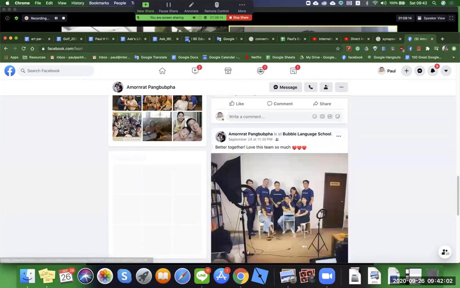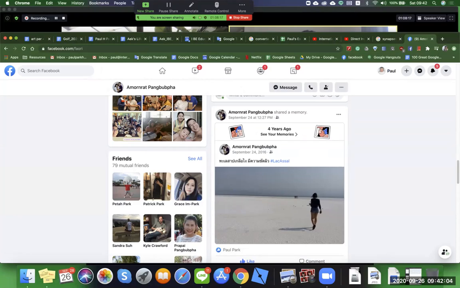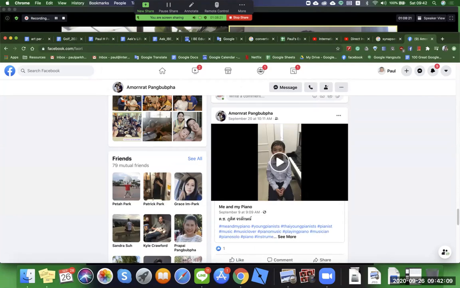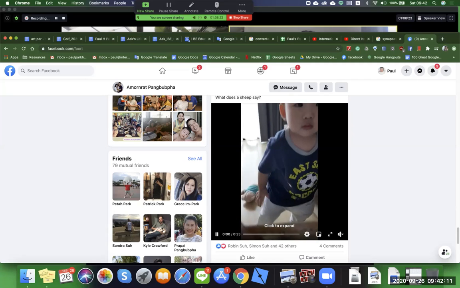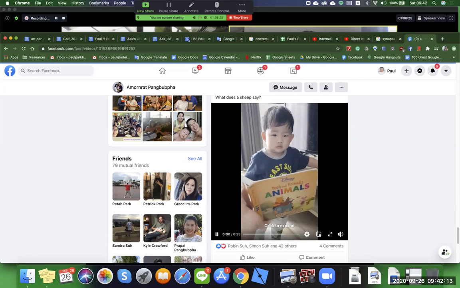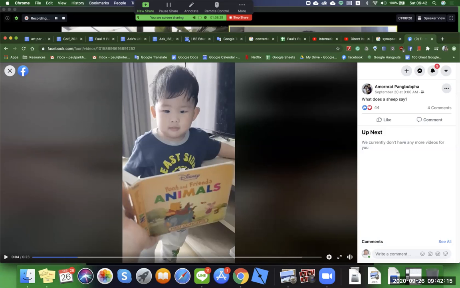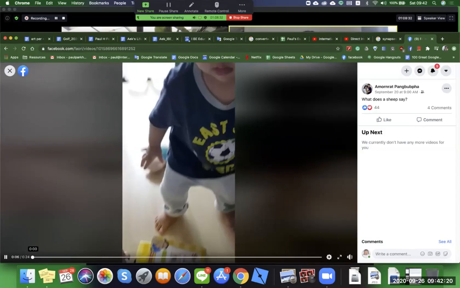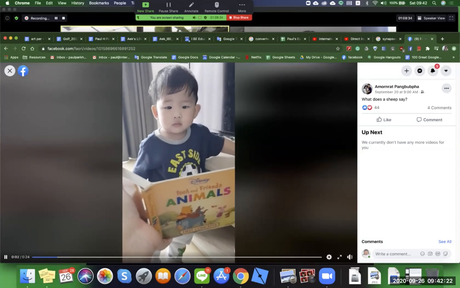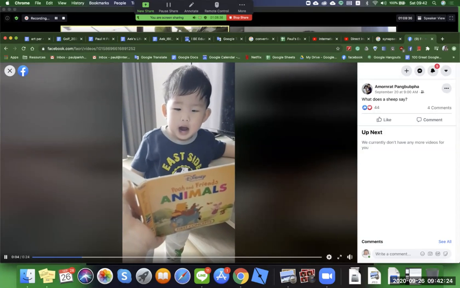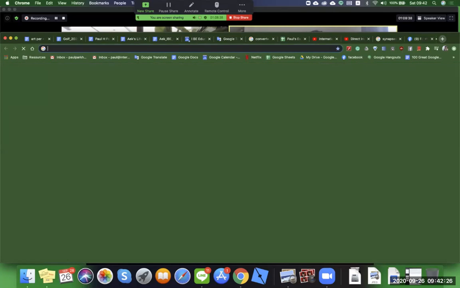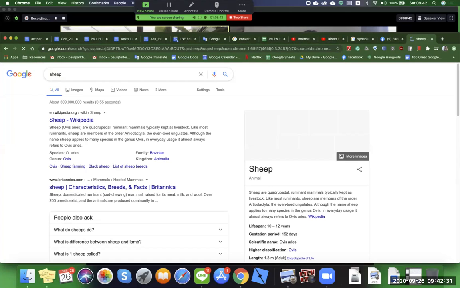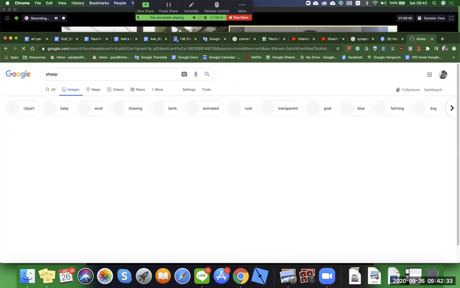These are team photos, old photos, looking for this. Just a moment. Here we go. What does a sheep say? Okay, so we have a sheep that's like this.